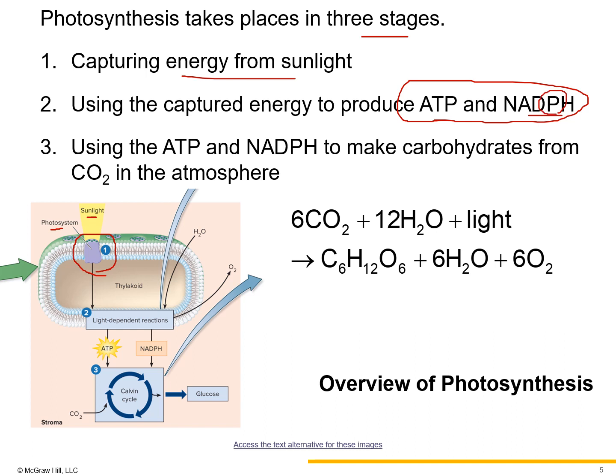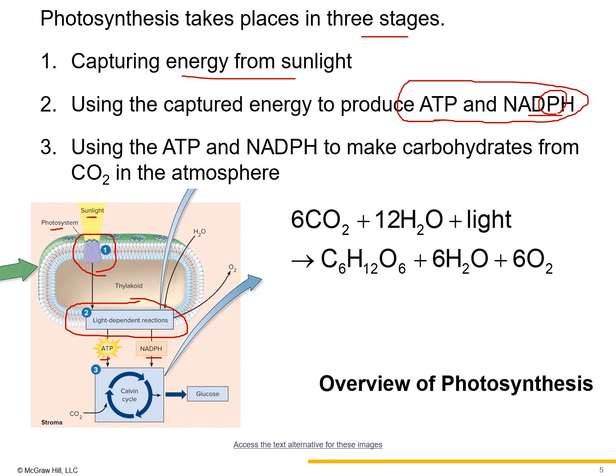It's an electron carrier. So just like NADH and FADH2 that we talked about carry electrons, in photosynthesis, NADPH is carrying the electrons. So we're getting some energy and some electrons from that light. Those take place in what's called the light-dependent reaction, the production of ATP and NADPH. Those are the two main products here, but again, we need that sunlight for that to happen.